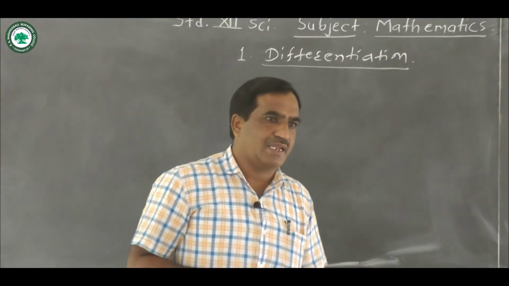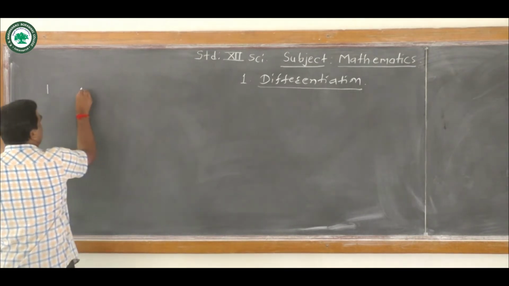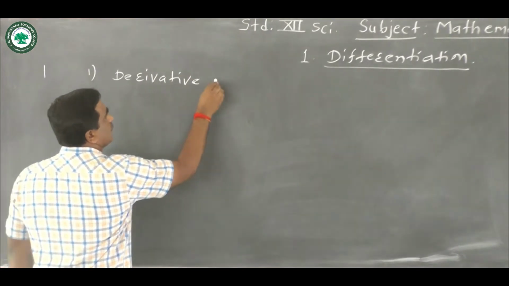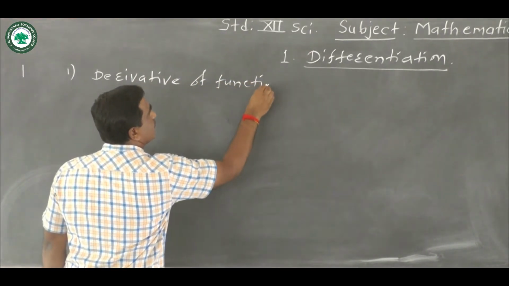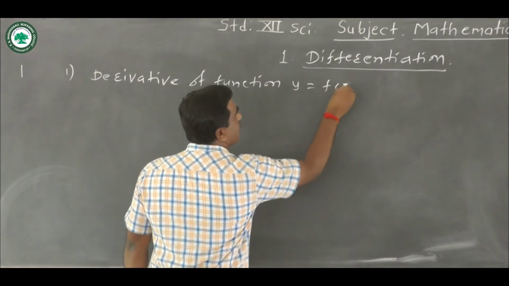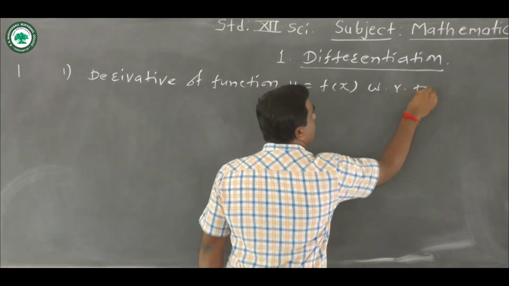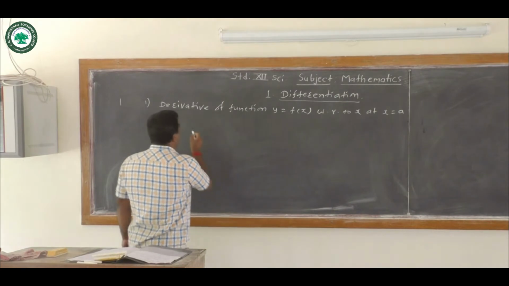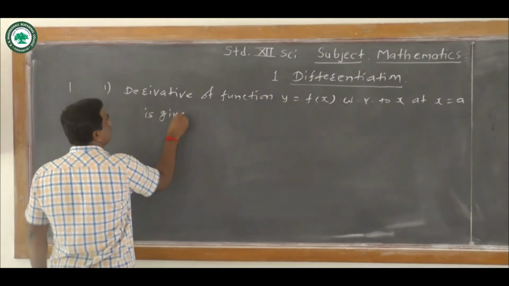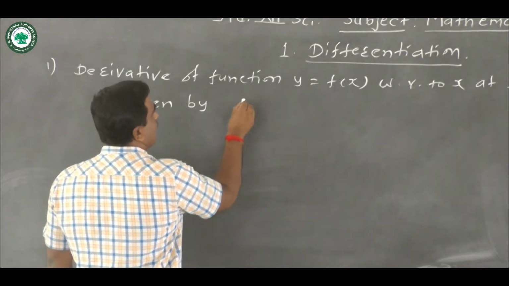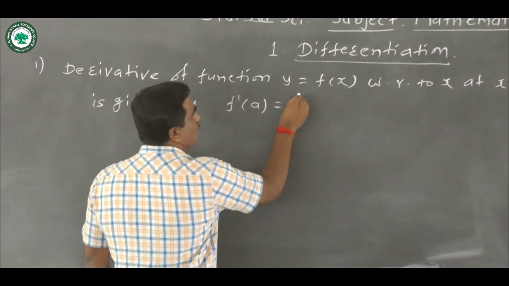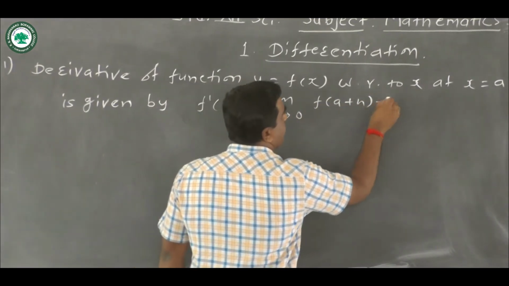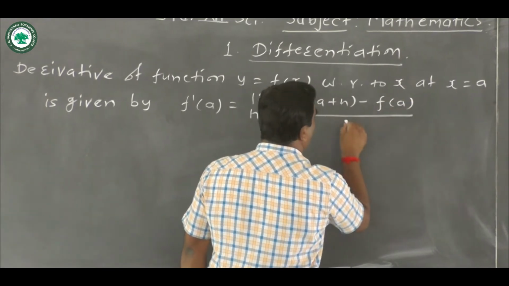These basic concepts are: number first, derivative of function y equal to f of x with respect to x at x equal to a is given by f dash of a is equal to limit h tends to 0 f of a plus h minus f of a upon h.